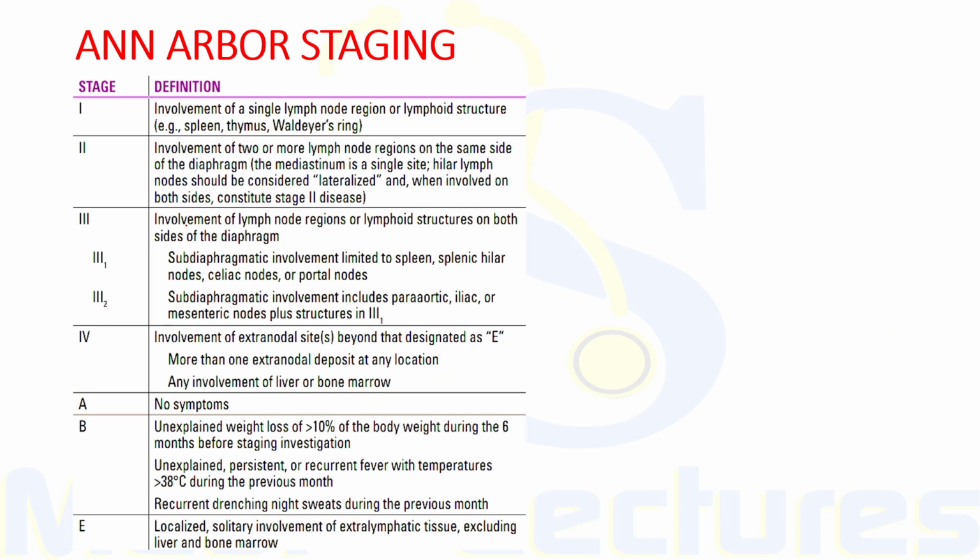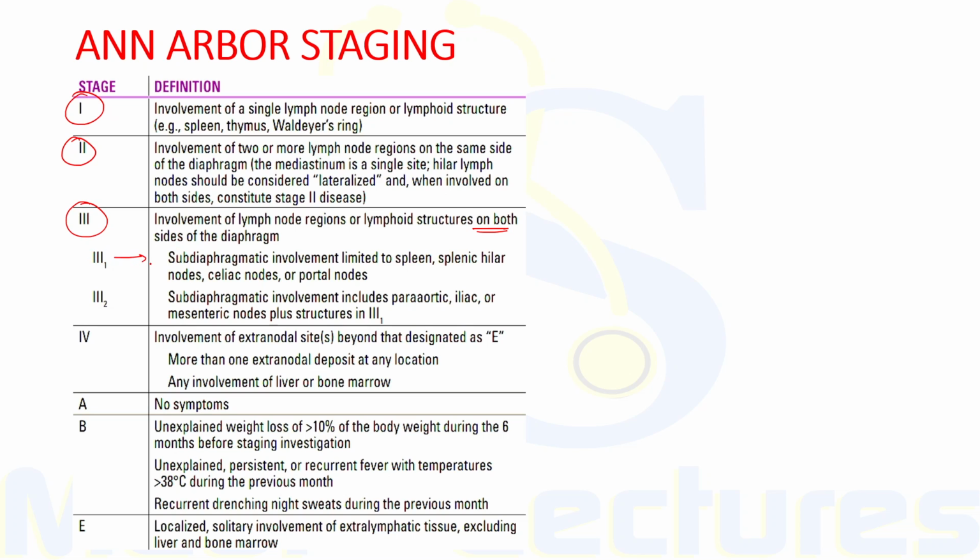In this, stage 1 is characterized by involvement of a single lymph node region or lymphoid structure like spleen, thymus or Waldeyer's ring. Stage 2 is characterized by 2 or more lymph node regions but on the same side of the diaphragm. Stage 3 has involvement of lymph node regions or lymphoid structures on both sides of the diaphragm.